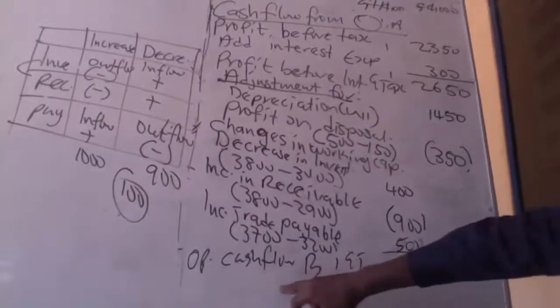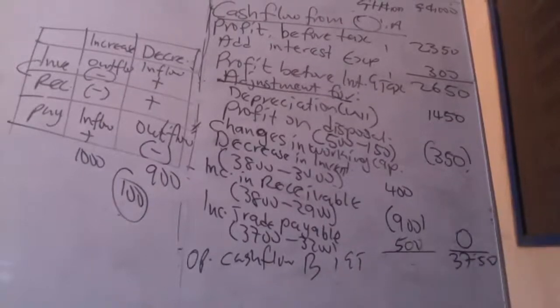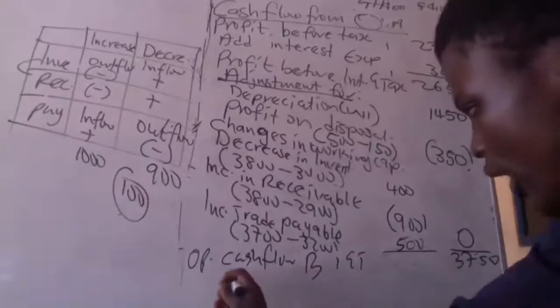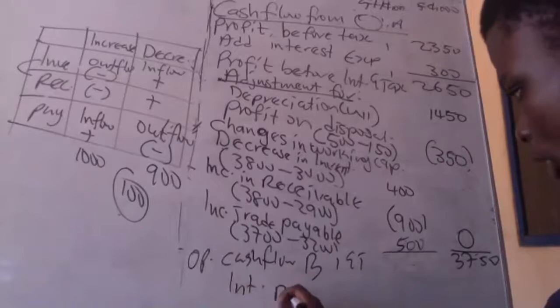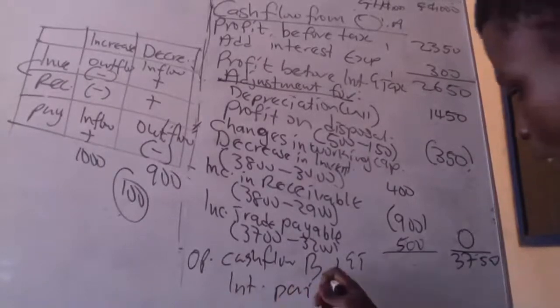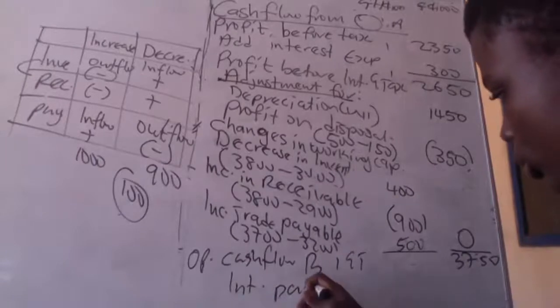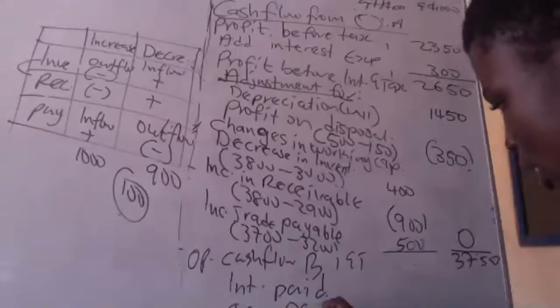If this cash flow is before interest and tax, what's the next item? Interest paid. And then tax paid. That's the last line item.